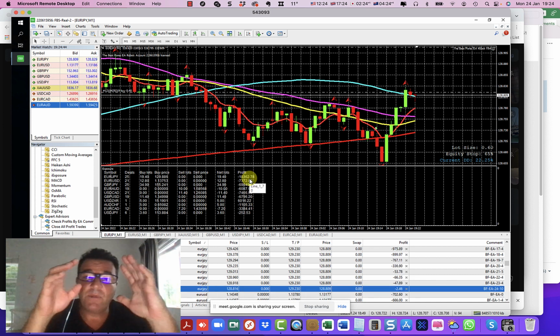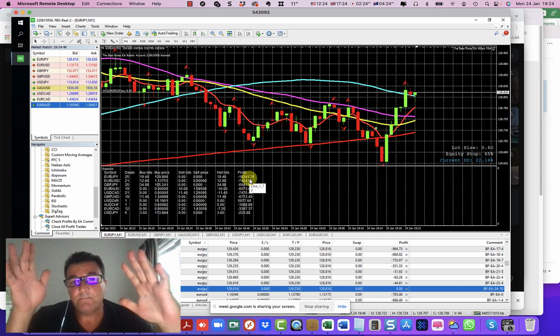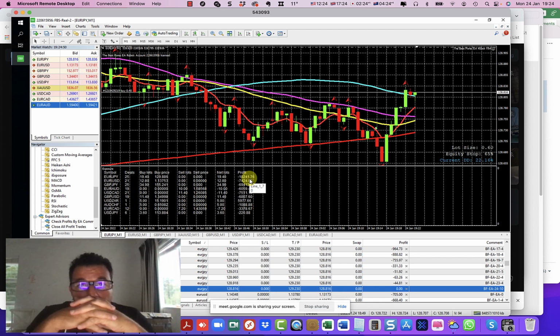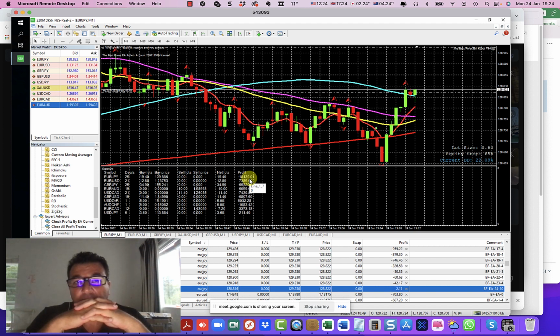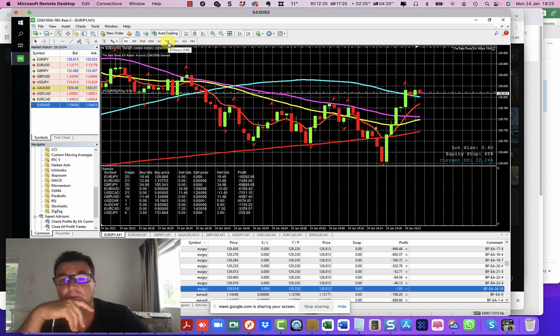So I'm going to open it up to questions now. Quick question. Earlier on, you said that you're using lot size of 0.1 per $100. Yes, correct. So if you're on $1,000, then you should be using a 1.0 lot size. Is that right? Okay, perfect. So at the moment I'm on a 0.6 because you just want to keep things light while I learn the robot.